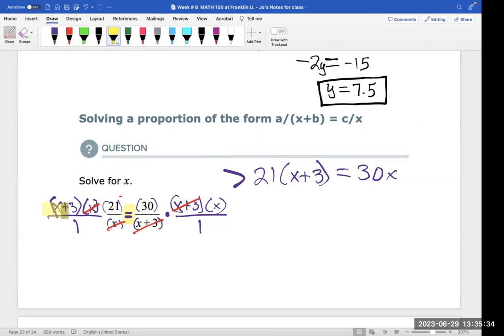And I'm left with this, which is the same as this. 21 times x plus 3, 21 times x plus 3. 30 times x is my 30x.